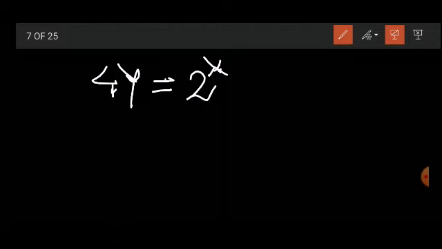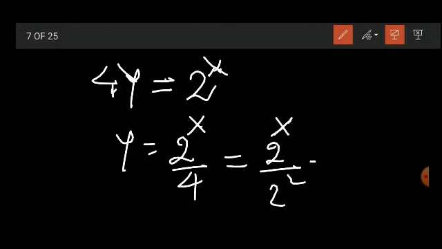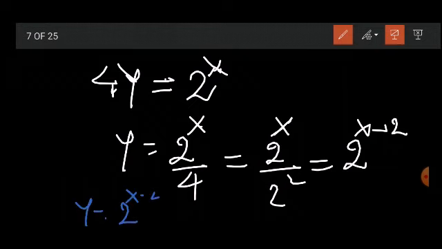If we solve for y, then what can we write here? y will become 2 to the power x upon 4, and later on we say 2 to the power x upon 2 to the power 2, and hence we can say 2 to the power x minus 2.